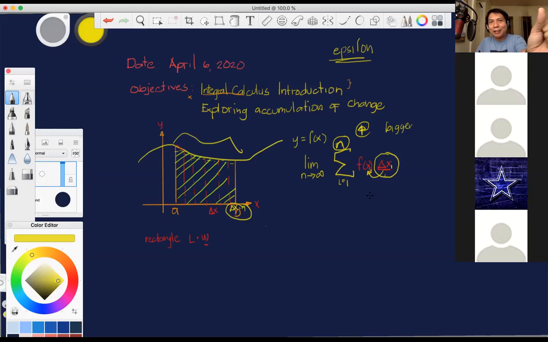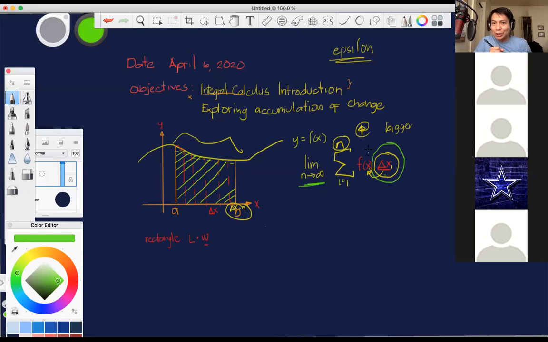When we say definite, there's a certain limit. So again, we're using the idea of infinity in order to get an idea of a definite area.